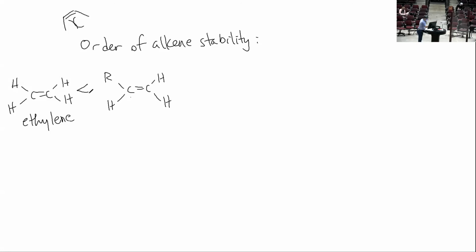Because again, the presence of this alkyl group stabilizes the two alkene carbons. It makes it easier for them to bear having that double bond with all its electron density, because the R group is helping to spread out that region of electron density. So this is monosubstituted. And then you'll think there's cis and trans, so that's 2. There's actually 3 flavors of disubstituted alkenes, one you might not have considered.